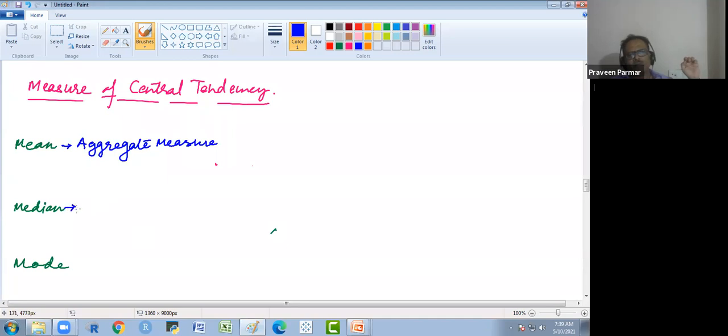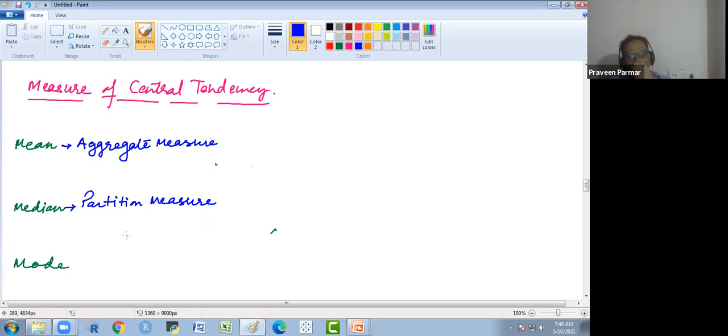But the median is a partition measure. We arrange the data in ascending or descending order first, and then we divide the data into two parts from the middle.